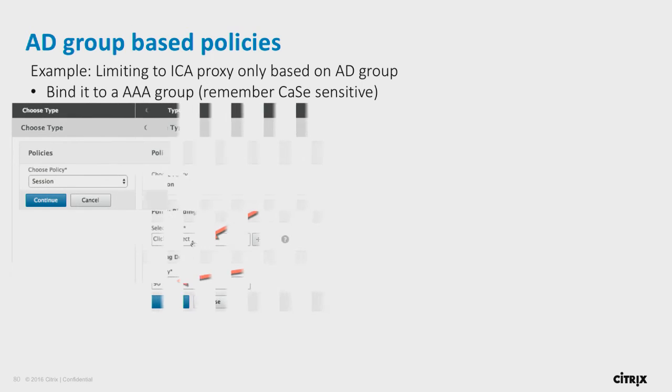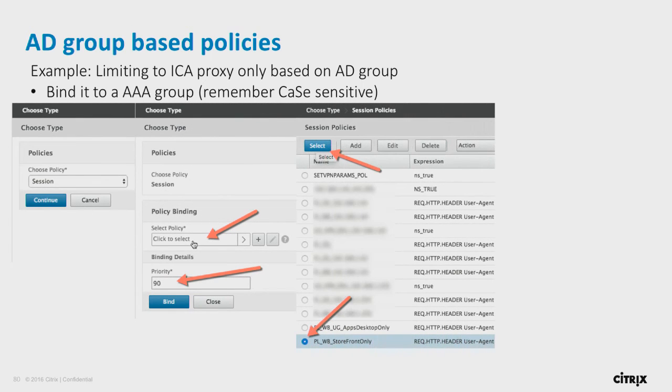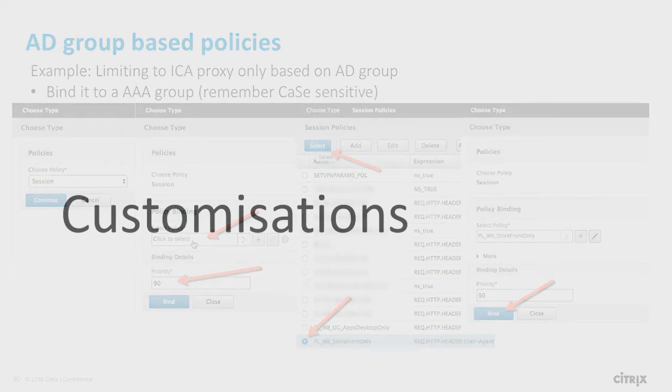I add a session policy, select the existing one, and define a priority. In this case, as you guys remember, we just created a Storefront only policy, so we select that one. We create the binding of the policy and click on End. Next time the user logs in, if the user belongs to that group, they're only going to see the ICA protocol, the ICA reverse proxy.